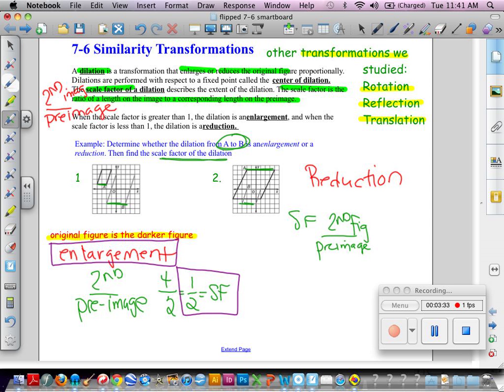And so when I count, I get my pre-image, 1, 2, 3. Oopsie, this is my second figure, which is 3. And then I come up here, 1, 2, 3, 4, 5, 6. So I'm getting my scale factor to be a half. So half is my scale factor, and reduction would be my final answer.